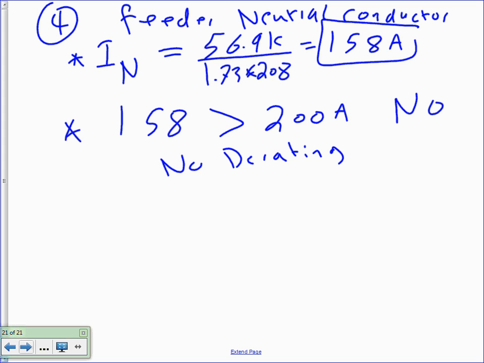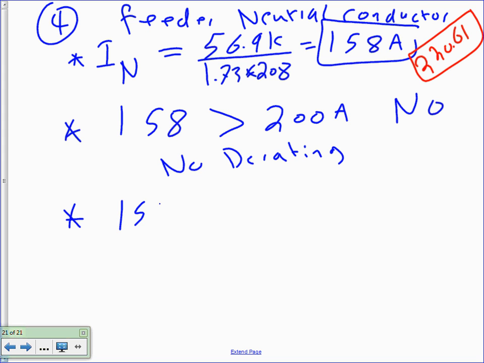There's no derating here. And this derating, if you remember, comes from the neutral section, 220.61. The whole derating business. Okay, so there's no derating. So let's go size the neutral.